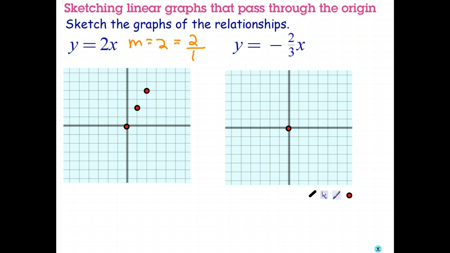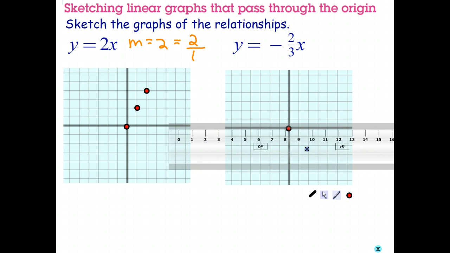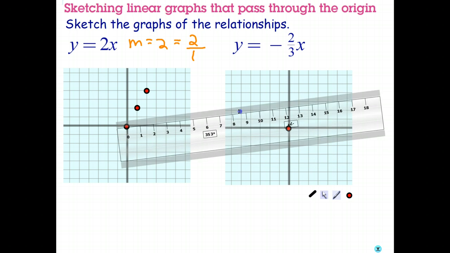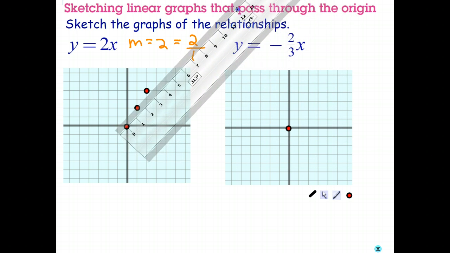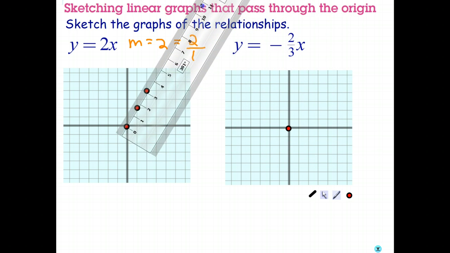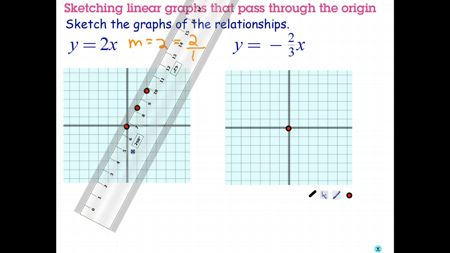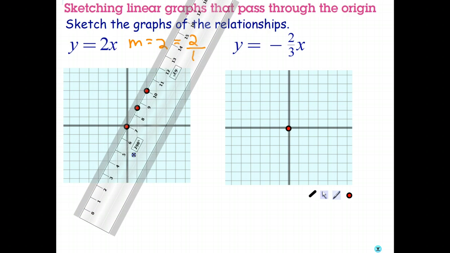So I'll just grab my ruler, put the 0, in this case, at the origin, spin it around like so. That doesn't look too bad. And that looks reasonably good.